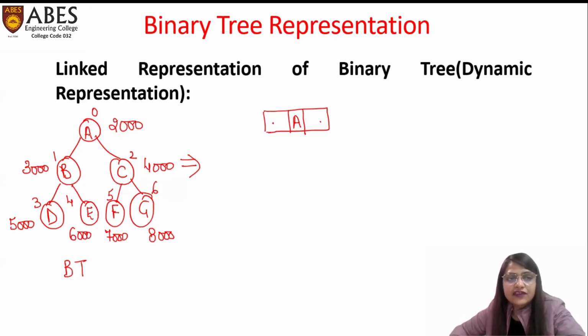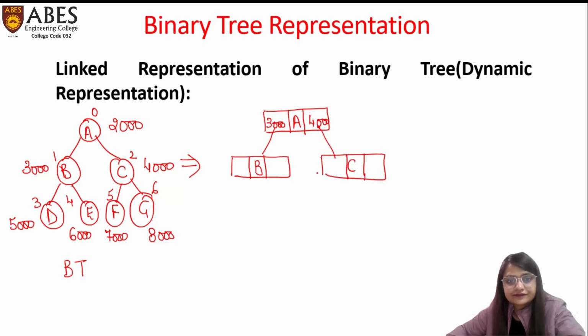As per this diagram, we can notice A has a left child B, which is stored at address 3000, whereas the address of the right child is 4000. Now, this left pointer will point to B, and the 4000 will point to C. B has 5000 as the left child address and 6000 as the right child address, whereas C has 7000 and 8000.